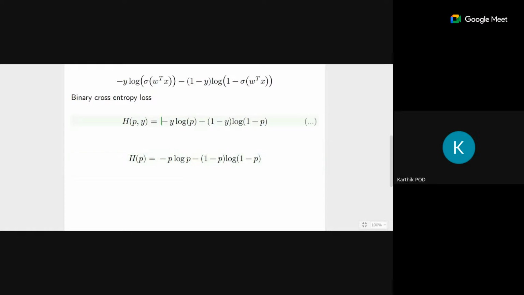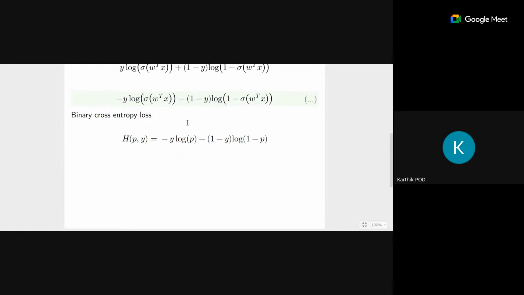I shouldn't be calling it y, but please don't mind that. This is called cross entropy because you have two different probability distributions in some sense. One is associated with the true label, so y can be only 1 or 0, but this p can be anything between 0 and 1. So this also looks like entropy, but between two distributions.